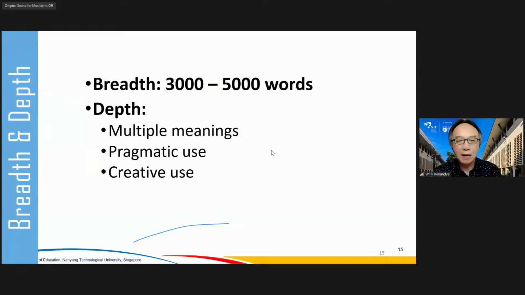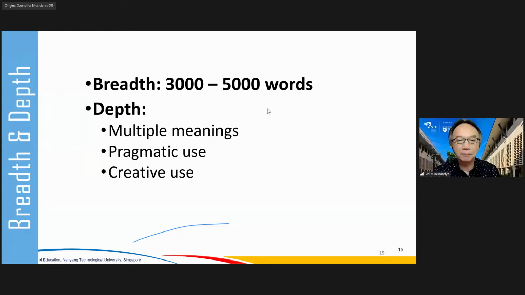But the other type of vocabulary knowledge is known as depth. How well you know the words. If you know the words very well, I think that is probably more important than the number of words that you know.